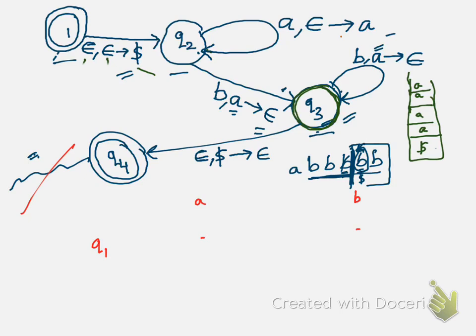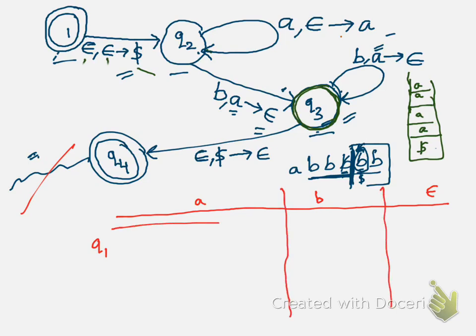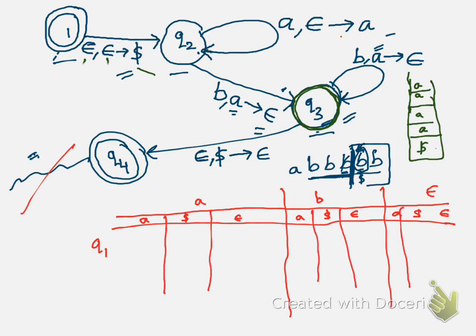So here, in addition to my input alphabets a and b, we can also have an epsilon, and in addition we also have the stack alphabets. For the stack alphabet, we make separate columns here. Your stack symbol can be a, it can be a dollar, or it can be an epsilon. So a, dollar, epsilon, for each input column.